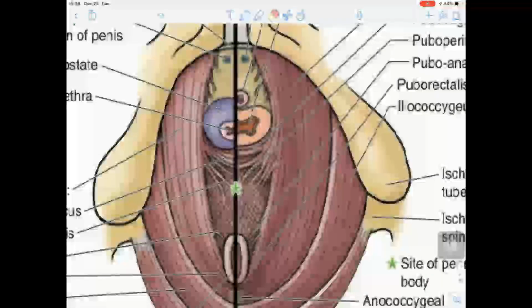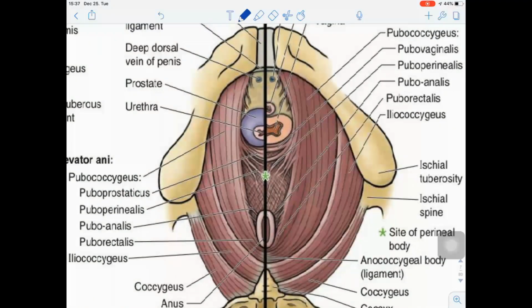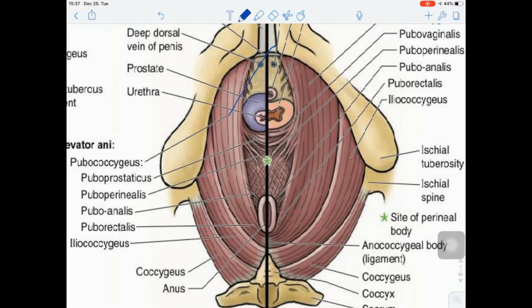Between the anal canal and, let's say, the urogenital hiatus, later when I'm talking about the perineum, we learn that the perineum is a kind of diamond-shaped region like this.